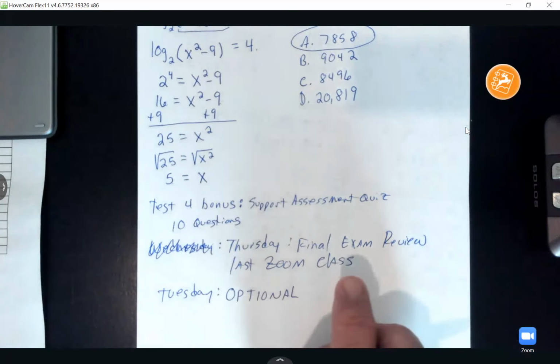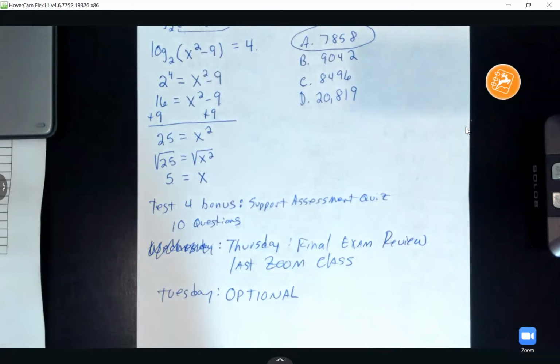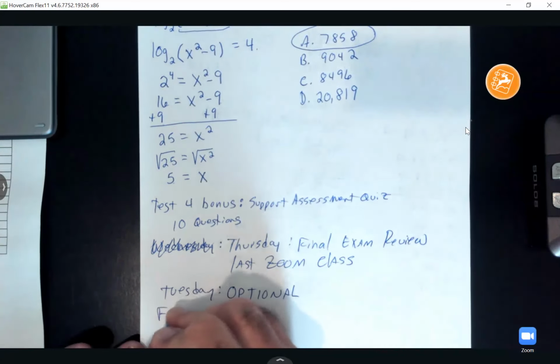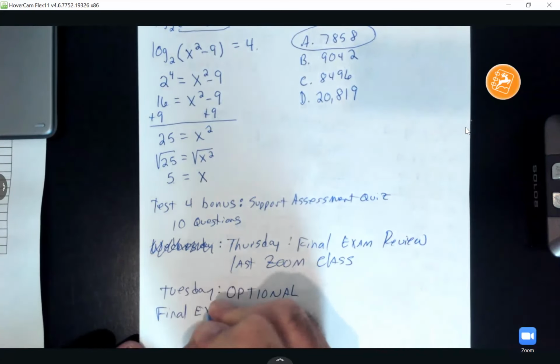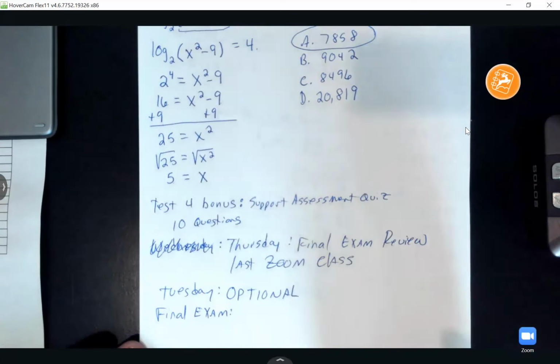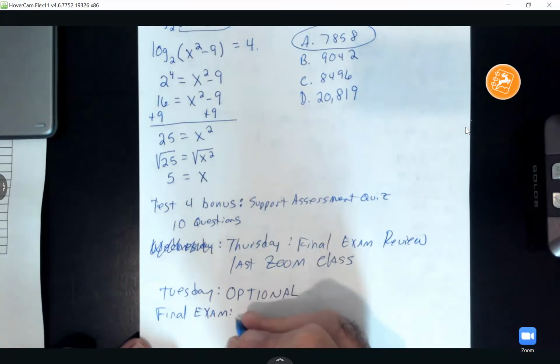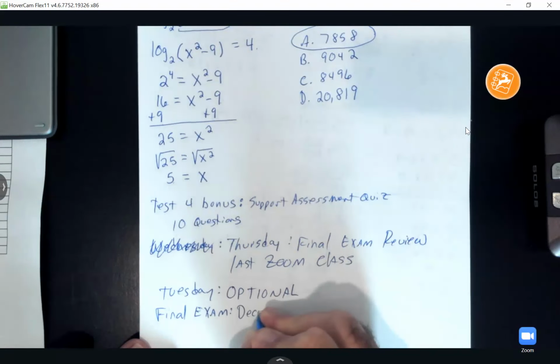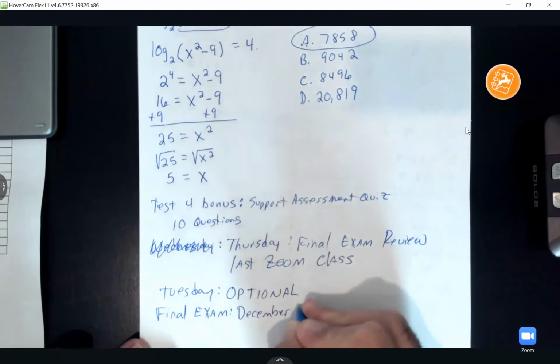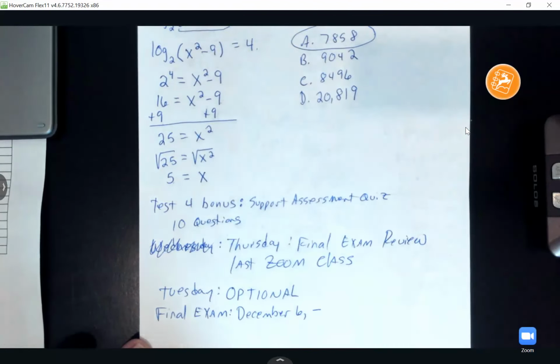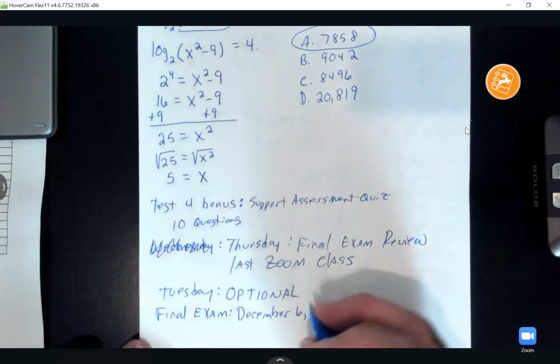But yeah, technically our last class, as far as getting any notes and stuff, will be Thursday when we do the final exam review. Now, the final exam itself will open on Wednesday, December 6th. So the earliest I can open it is on Wednesday, December 6th, and it'll be due by December 10th.